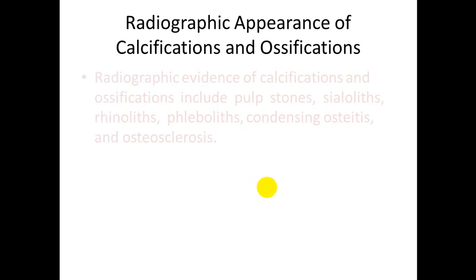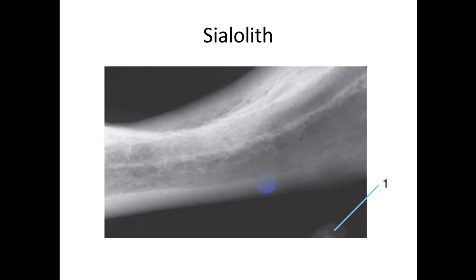Now we take the radiographic appearance of calcification and opacification in the jaw, starting with sialolith. Sialolith is a radiopaque stone seen in the duct of the submandibular gland or salivary gland.